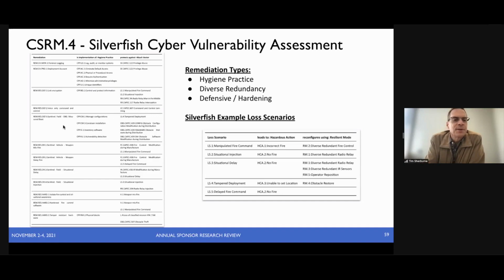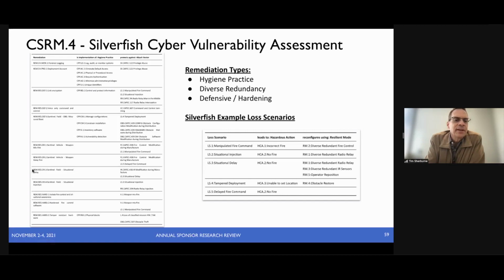We also have some defensive hardening mechanisms that were decided for Silverfish, for example, tamper resistant hardware, and isolating the fire control station from the situational awareness station so that the fire control software could be hardened in terms of the development process.